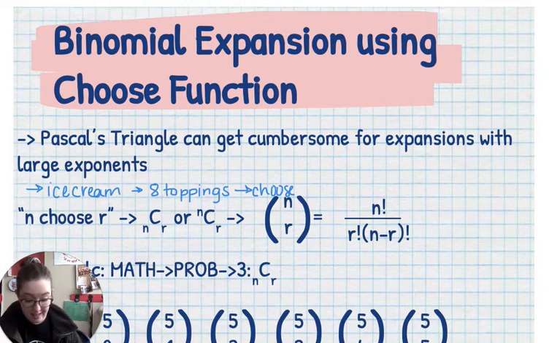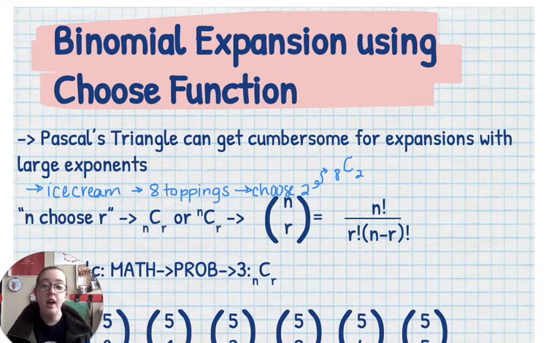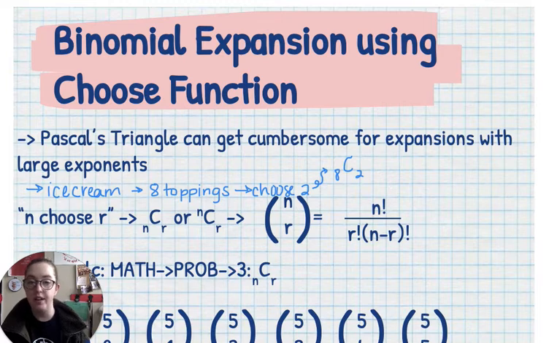So in this case, n choose r is 8 choose 2. Now, what this is figuring out for us is how many different combinations of toppings could I choose? If there's 8 toppings and I can choose 2, how many different combinations are there?